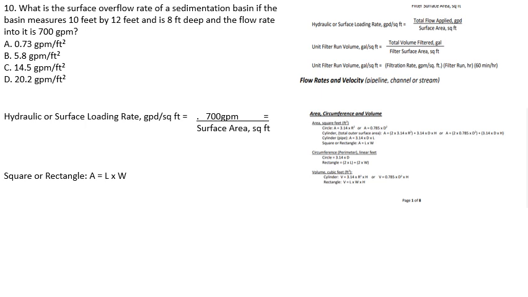So square feet, so we're not doing volume here. So the square or rectangle area, length times width. We don't need the depth, right? So they've given you more information than you need. They're showing you what they want as the units of measurement, right? Square feet.